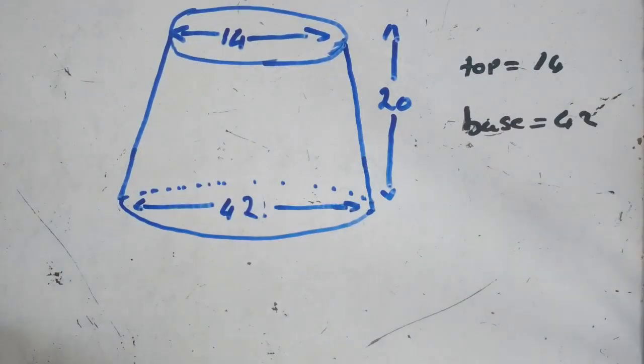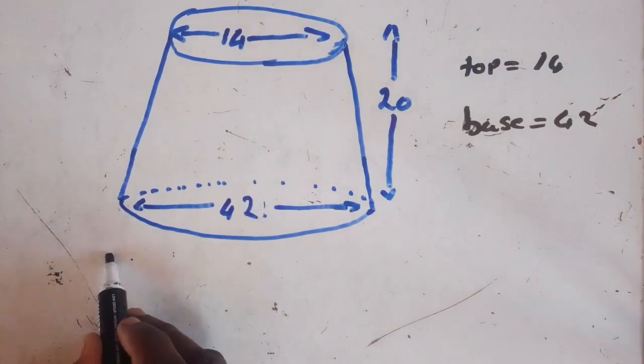Okay, and we have been asked to calculate the volume. So let's calculate the volume of this cone. We know that the shortest way of calculating the volume of a cone is by using this formula. Make sure you take note of this.